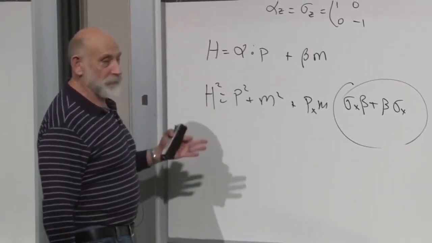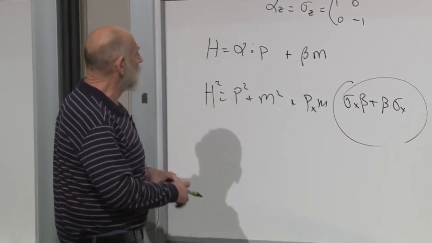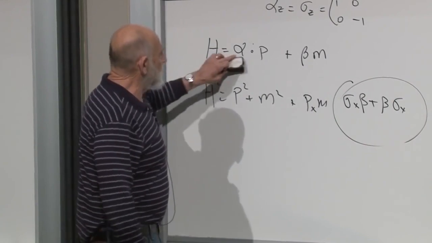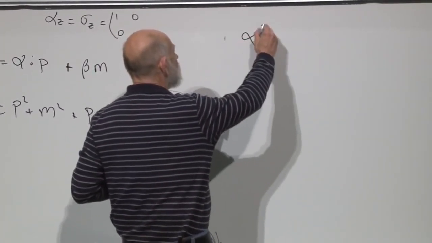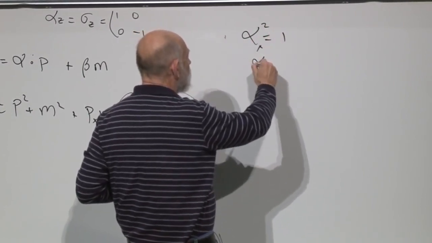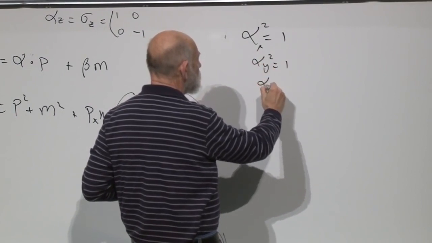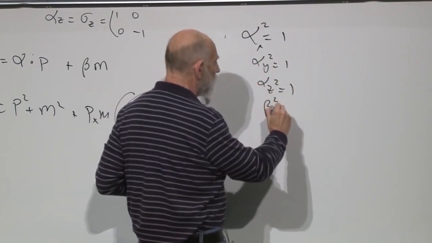Now, I think he wrote this down before he even thought about the one-dimensional case. And now what we need is four mutually anti-commuting matrices. Alpha x squared equals 1, alpha y squared equals 1, alpha z squared equals 1. We better also have beta squared equals 1.